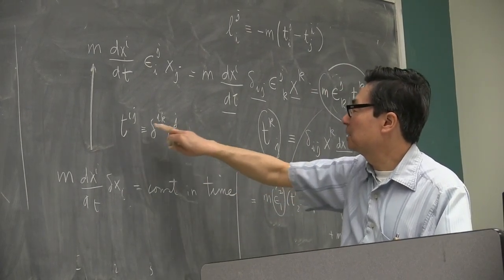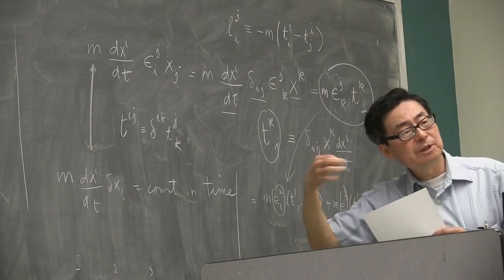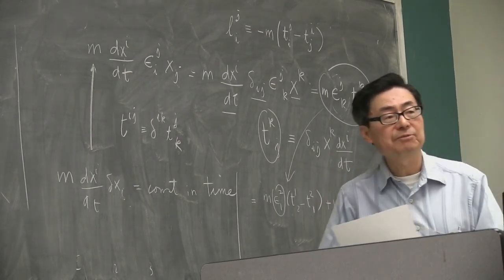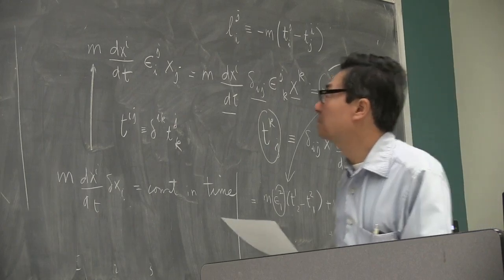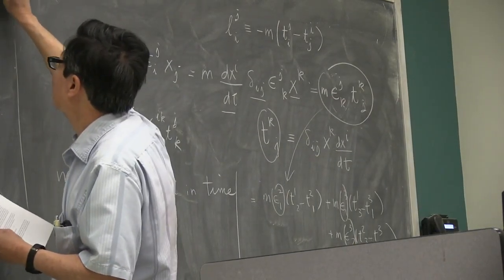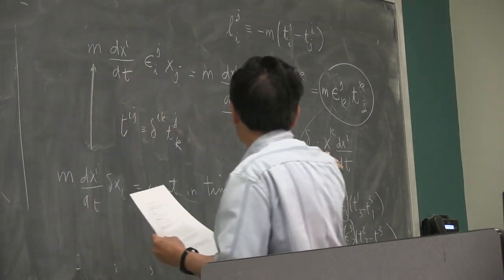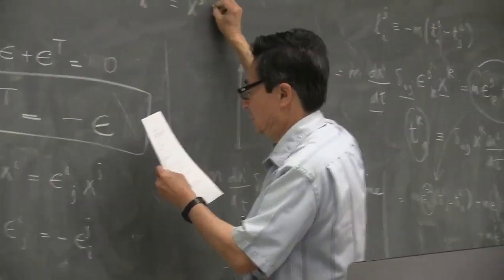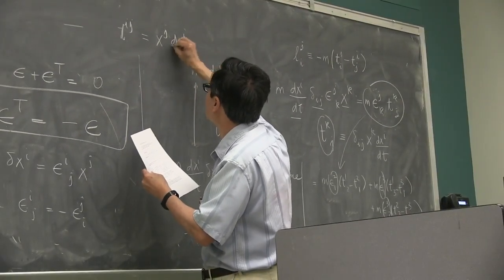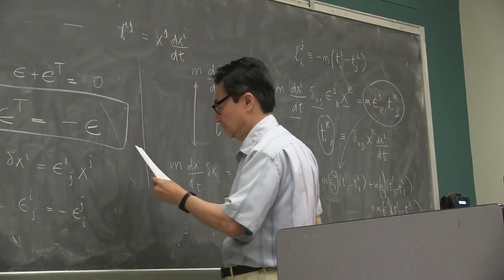Sum over k, so this becomes a j over k. This is how we usually raise and lower indices. Do you remember back from physics 131? And if we do that, then the T^ij from that equation just becomes xj multiplied by dxi/dt.